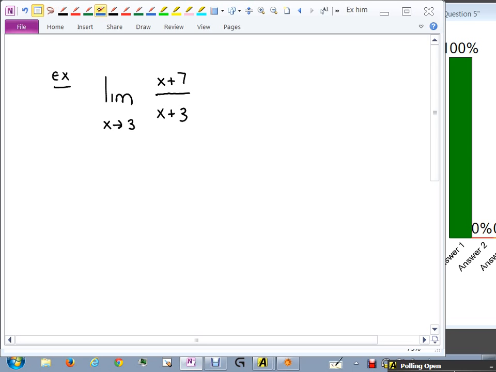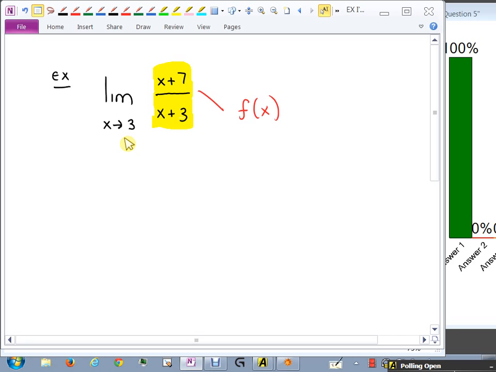What we want to imagine is that this right here is our function, f of x. And I'm asking, what is that function doing as I get close to 3? So what we first try to do is the direct substitution. Can you just plug 3 in and get a number out?